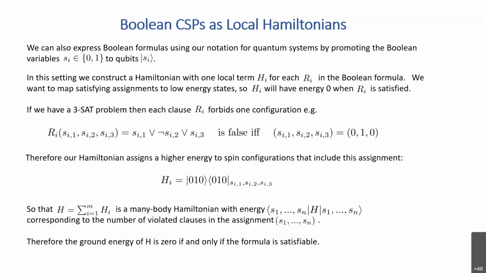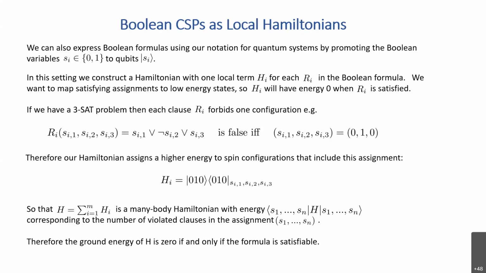Okay, so we can express these Boolean formulas using our notation for quantum systems. Each of these Boolean variables, 0 or 1, we can associate with a qubit state, ket 0 or ket 1. And what we're going to do is construct a Hamiltonian with one local term, h sub i, for each clause r sub i in the Boolean formula.